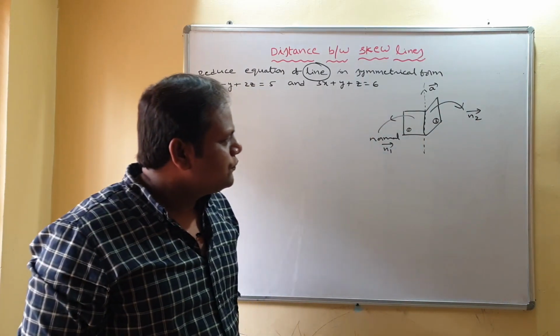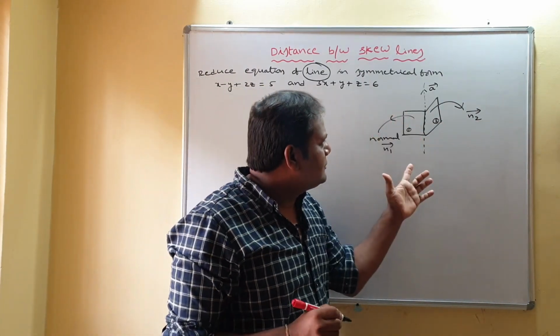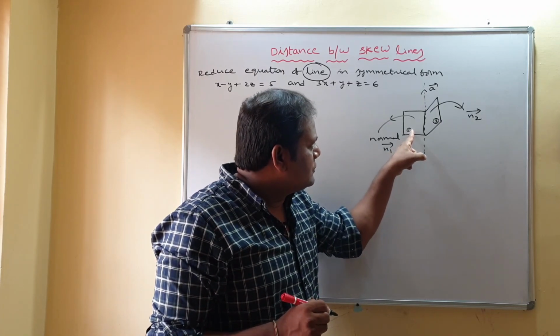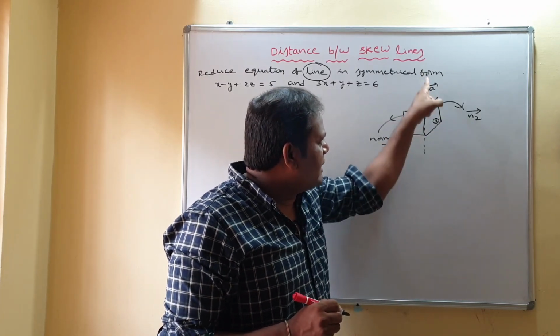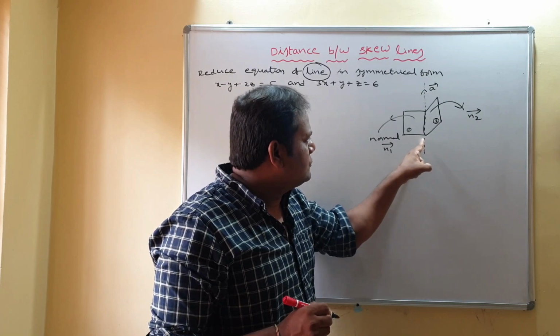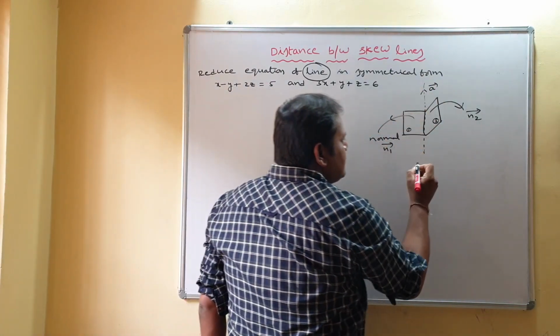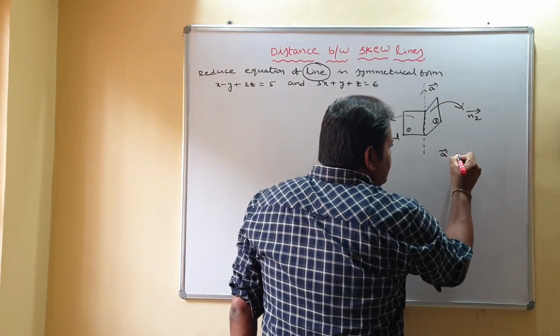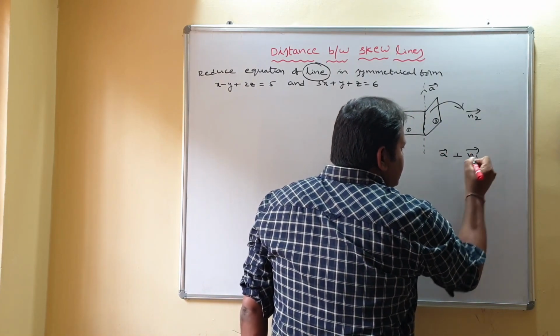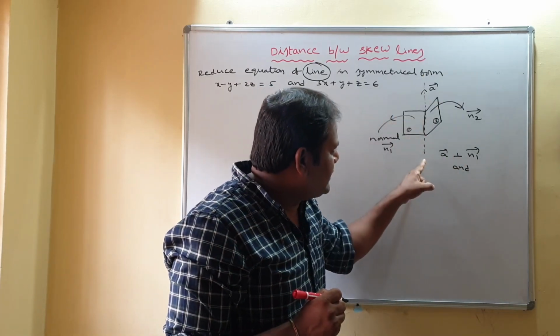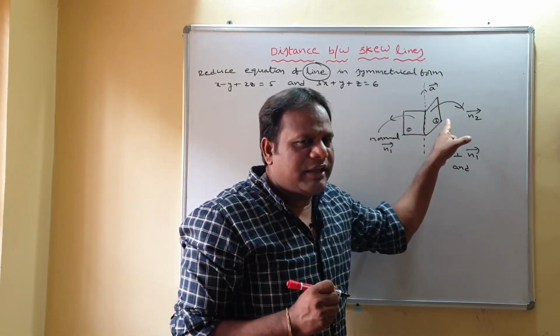n2 bar. Here you see that the required line belongs to the first plane. So the required line is perpendicular to the normal to the first plane. So A bar is perpendicular to n1 bar. Does the required line belong to the second plane?